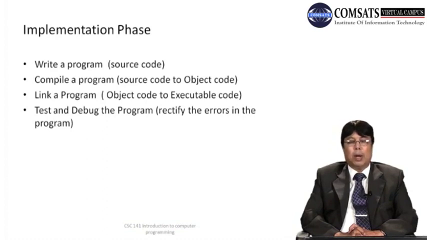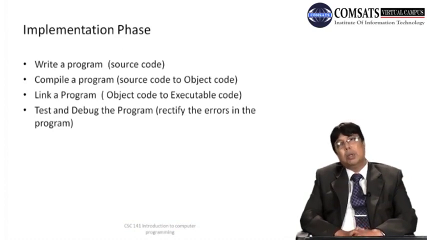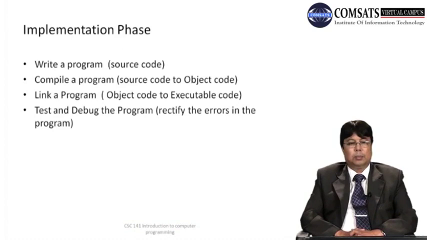Next, compile a program. It converts a source code to an object code. Source code which you and me, a human being, can understand. Object code that the computer can understand. Then link a program converts the object code to executable code.